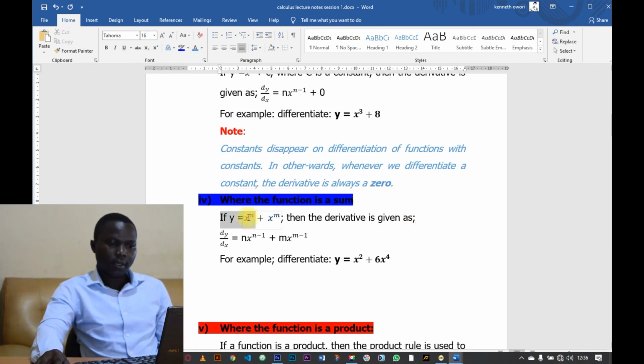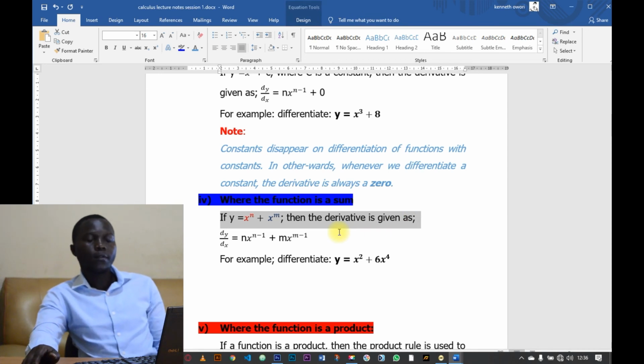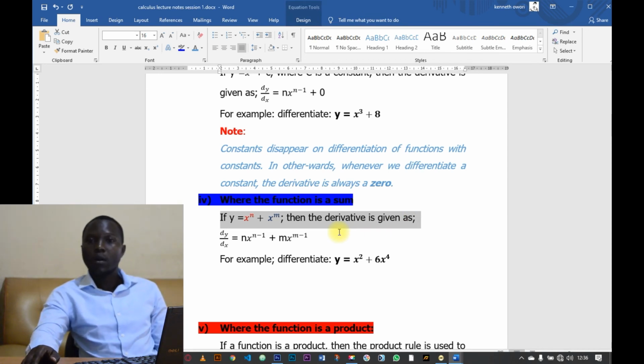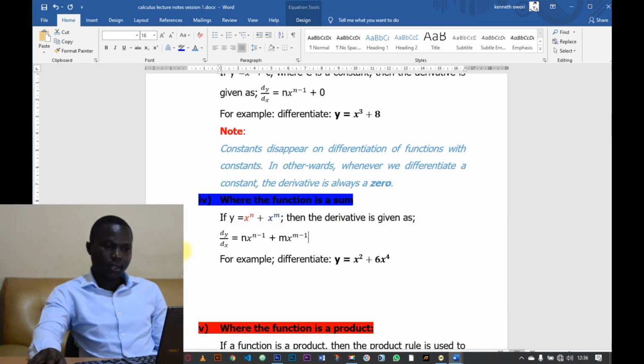Example, if y is equal to x power n plus x power m, then the derivative would be as follows. We'll differentiate each term alone. We differentiate x power n alone, and then we add the derivative of x power m alone, and this would end up as dy/dx equals nx power n minus 1.